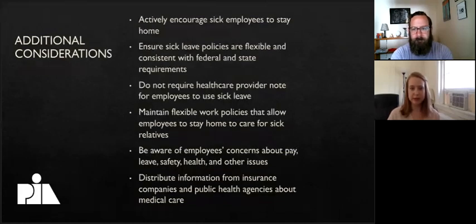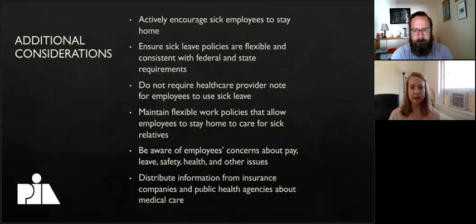And so some additional considerations are to actively encourage sick employees to stay home and encourage sick leave policies that are flexible and consistent with federal and state requirements. A key thing to remember here is that the federal emergency sick leave extends through the end of December.